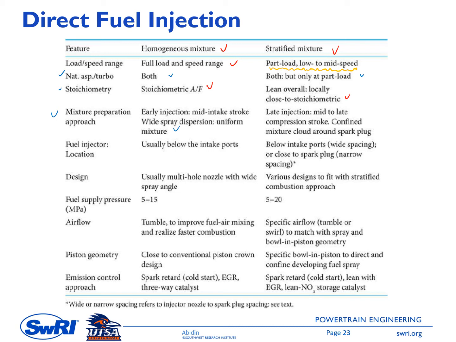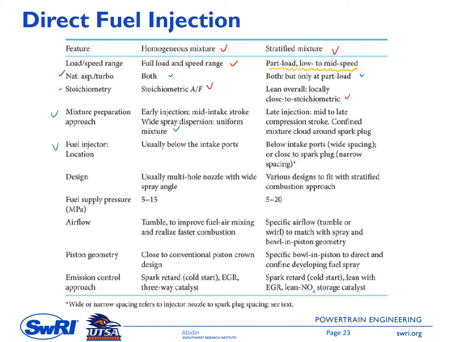And then the next one is the fuel injector location. For homogeneous mixture, the fuel injector location is usually below the intake port. You can have a look at the previous slide. I think there is one schematic of the GDI with the injector located under or below the intake port.